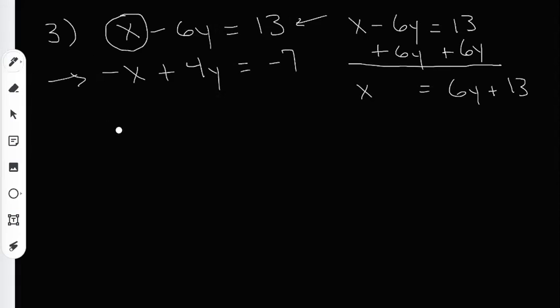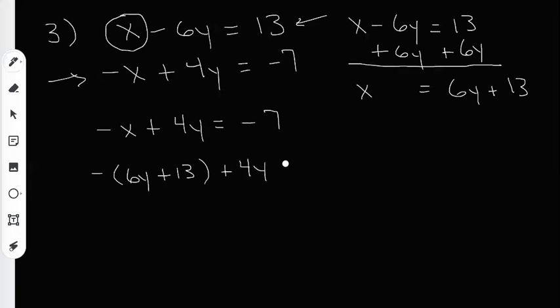So let's try that. The bottom equation is negative x plus 4y equals -7. I know that x is the same thing as 6y plus 13, so I can replace this x with a 6y plus 13. And notice I'm doing it in parentheses with the negative on the outside, but I'm keeping everything else the same.